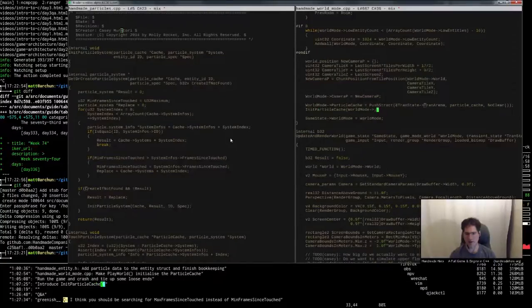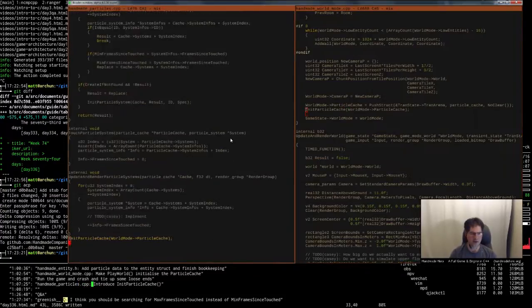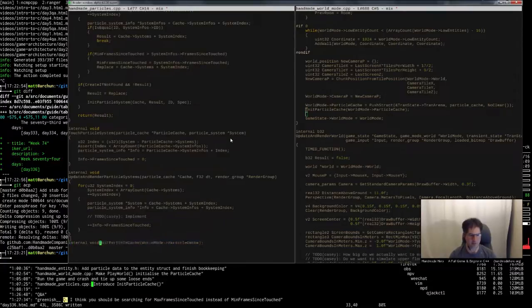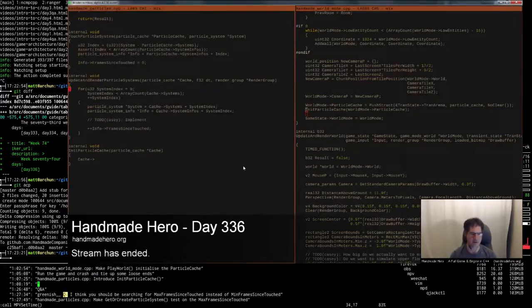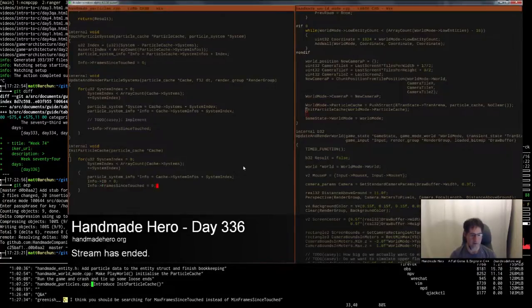I'd like to do an init particle cache there, so I can do just clearing the parts I actually care about. Go through these guys and set the infos to nothing.